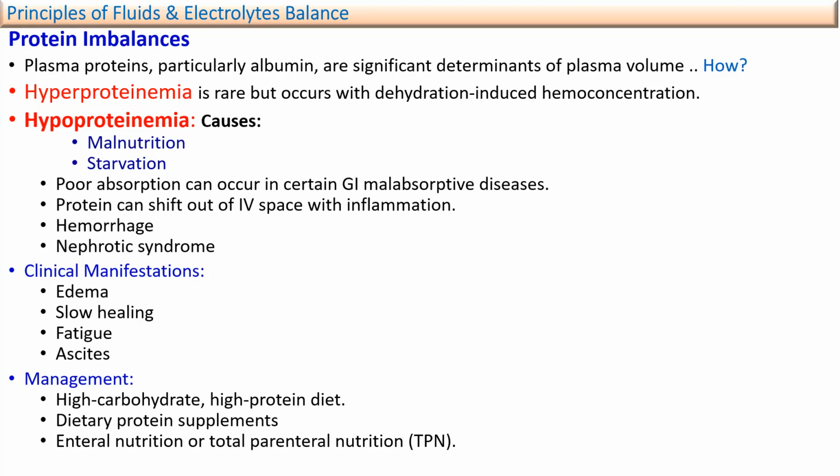But the hypoproteinemia is more common than the hyperproteinemia, and it could result from malnutrition, starvation, and an example of that would be also hemorrhage or nephrotic syndrome.